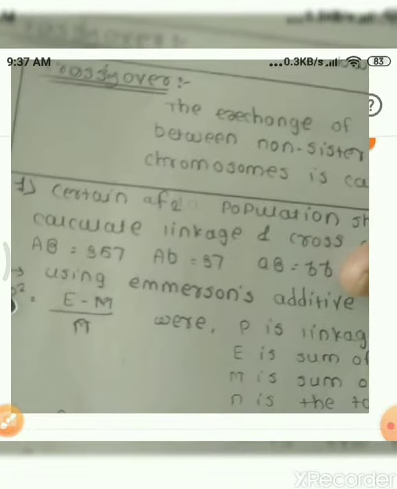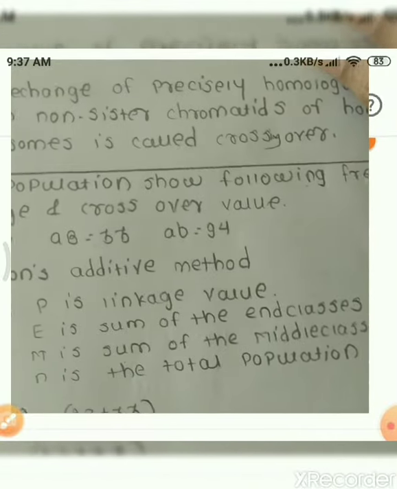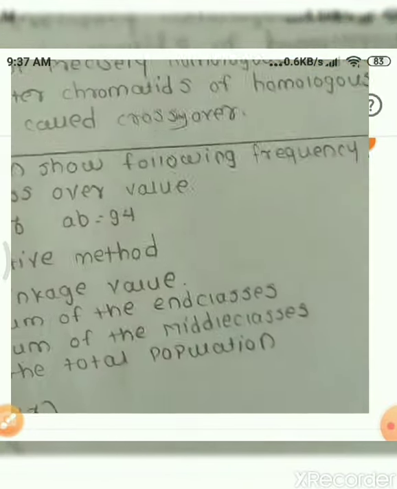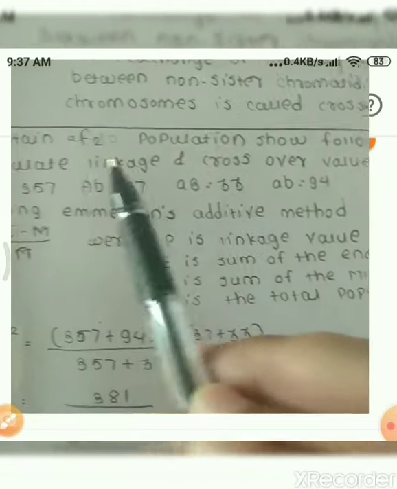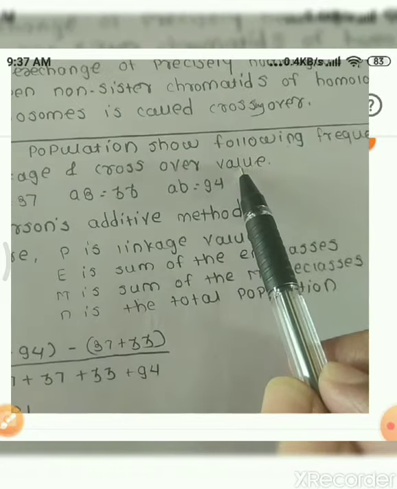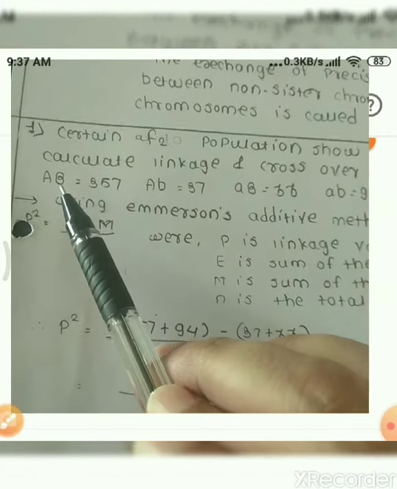Now let us see the first problem of this exercise. A certain F2 population shows the following frequency. Calculate linkage and crossover value. So values are given. Which are those values?